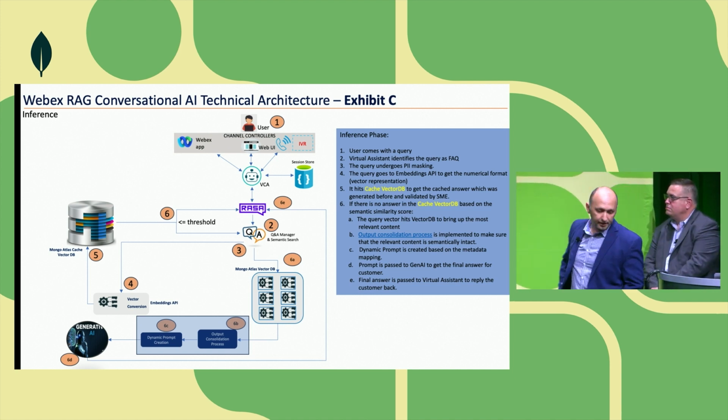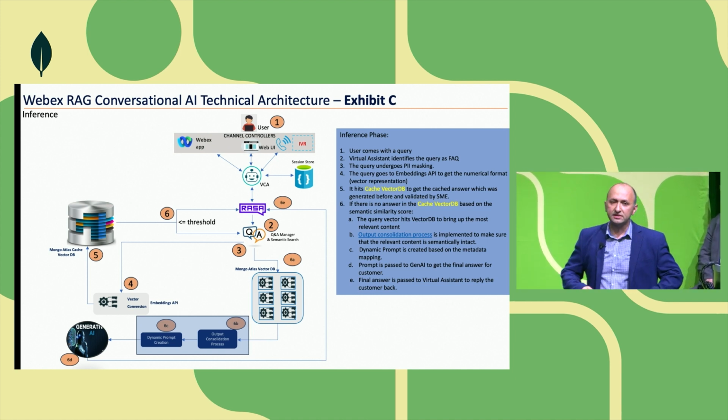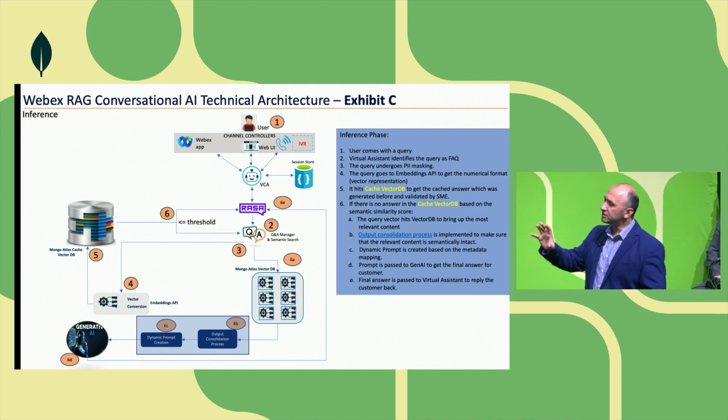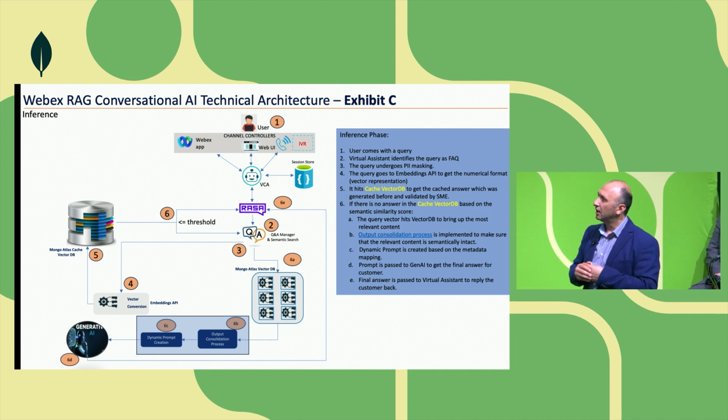And here we have the inference phase. I'm not going to touch upon the caching phase, but in the inference phase, we have the virtual chat assistant. It's in the Rasa framework, which ingests the input from the customer. Rasa NLU also identifies that this is an FAQ model.